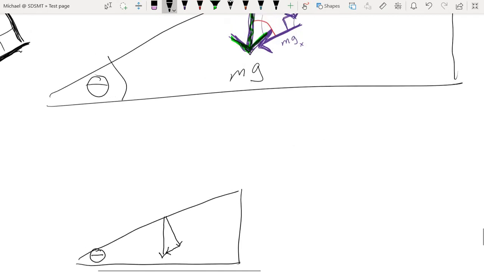And what I'm going to do is extend the line for the weight vector and the perpendicular component of that weight. This entire line right here, that is 180 degrees. Any straight line has to have an angle measure of 180 degrees.